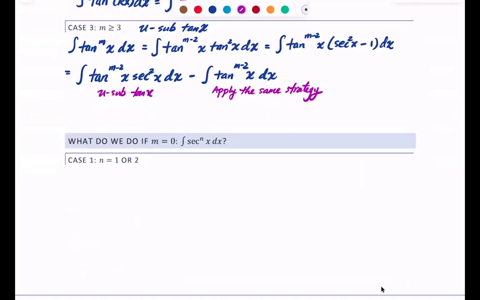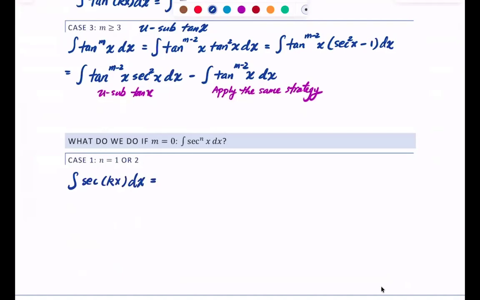All right, so what if we just integrate powers of secant and that's it? So for 1 and 2, we have a formula, right? Okay, so if we integrate secant x, that's when n is 1. Oh, let's do the more general case.